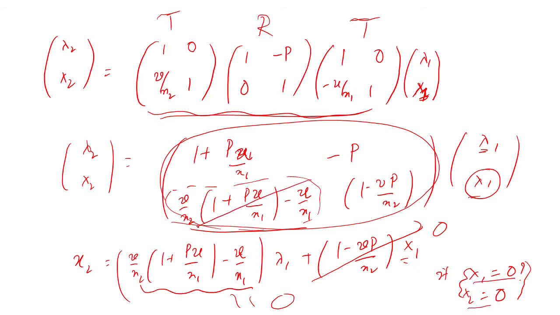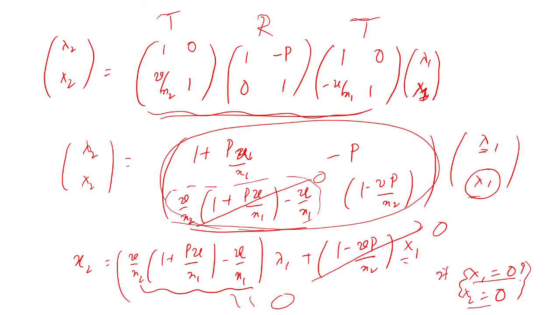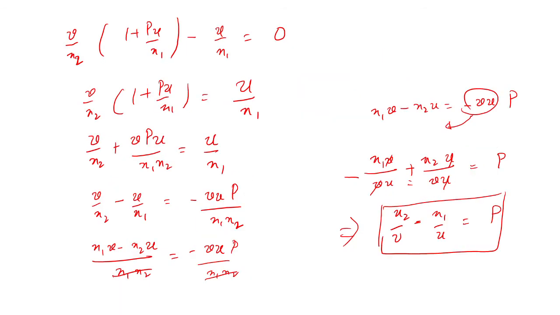So we had set this entire term to 0 to get the thin lens equation. Because this law is obeyed, this entire term is 0. We just derived it the other way around.